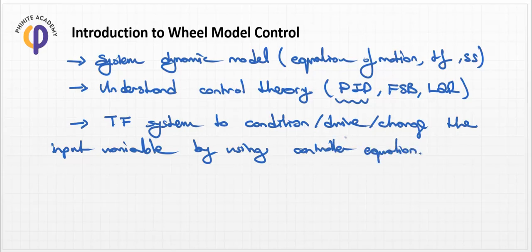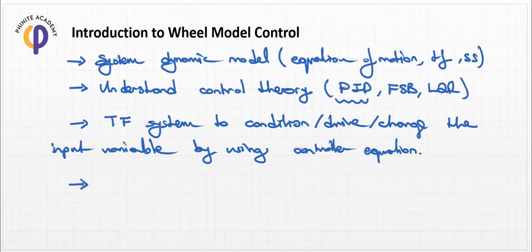Because if we have a system to be controlled in our model, then we should change or set the input variable, or action variable, by using what? By using the TF system model, transfer function model, or the state space model. And so the PID, full state feedback, and the linear quadratic regulator can be used to condition the input variable.